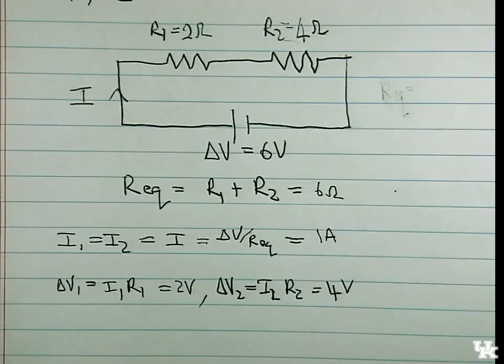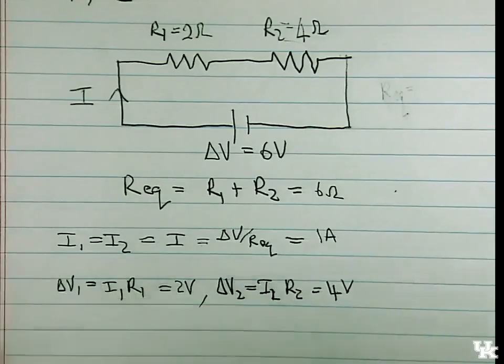We said the resistors would share it in some way, and they are. The smaller resistance is getting a smaller fraction of the voltage, and the larger resistance gets a larger fraction of the voltage. So the 2 ohm resistor gets 2 volts, the 4 ohm resistor gets 4 volts. That's how they've decided to share out the 6 volts that was provided to them by the battery.